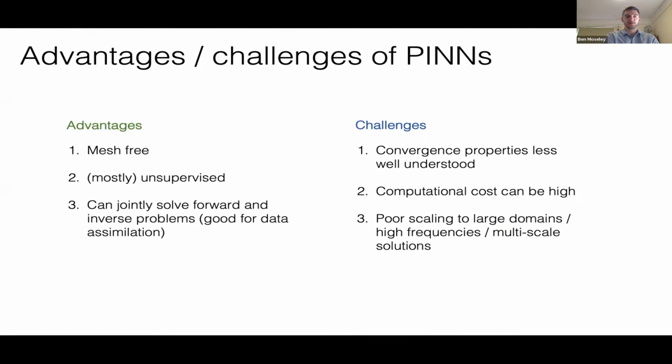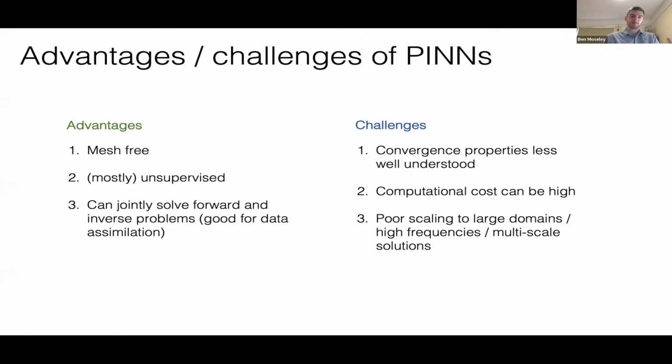So broadly, some of the key advantages that I see of PINNs are that they're mesh free and that they're mostly unsupervised, and that we can use this physics loss to learn the solution, and that they're really interesting for solving these kind of messy problems where you have some data but you want to understand the underlying process too. But like I said, the challenges are that the convergence properties are less well understood.